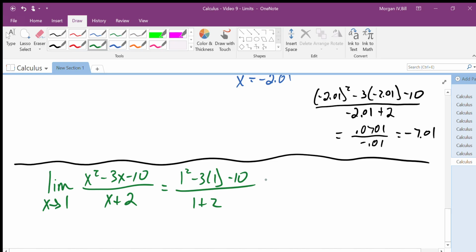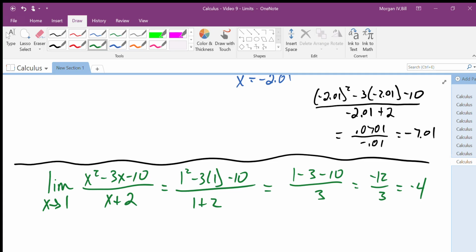Notice that's not 0 over 0 this time. It is 1 minus 3 minus 10 over 3. What is that? That's negative 12 over 3. That's negative 4. The function actually approaches negative 4 as x approaches 1, and we can do that by direct substitution.